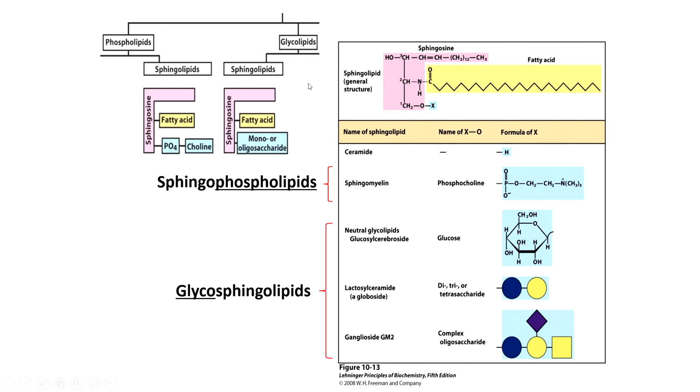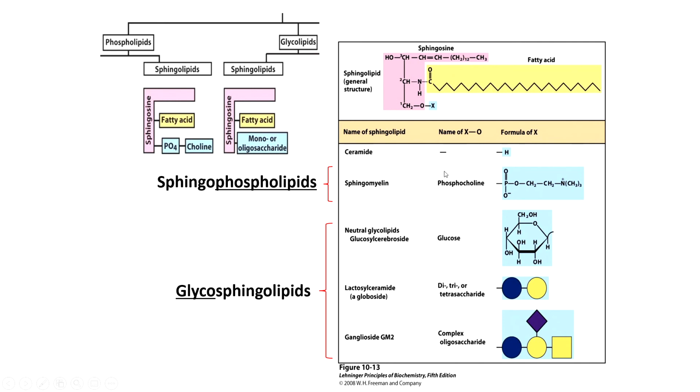Now we're looking at sphingolipids. You can have two different types of sphingolipids, one that has a phosphate head group and one that has a sugar head group. One type of sphingolipid with a phosphate head group is sphingomyelin.